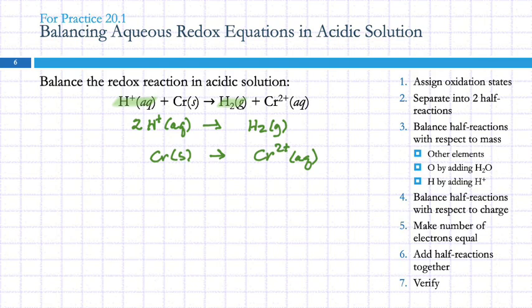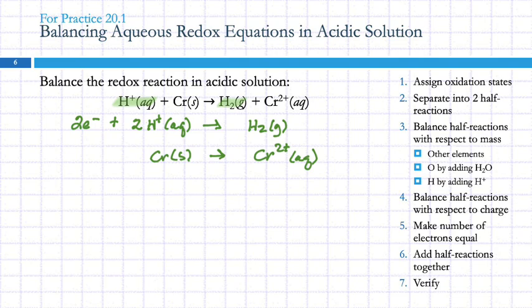So I'm going to add my electrons to the products for this one. Because if I have 2 electrons in here and 2 hydrogen ions, the total charge on that side is 0, and the total charge on the product side is 0 also. Reduction is gain of electrons. H plus is being reduced, it's gaining electrons.